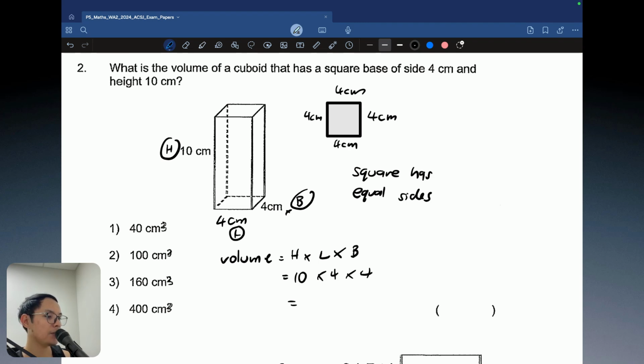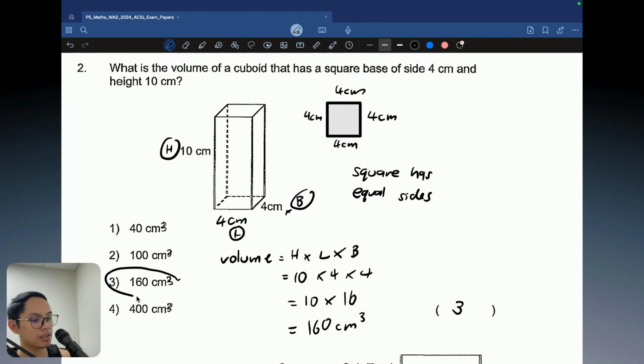It's easier to keep 10 as is, and then calculate 4 times 4, which is 16. And 10 times 16 is 160 centimeter cube. So the answer is number 3, 160 centimeter cube.